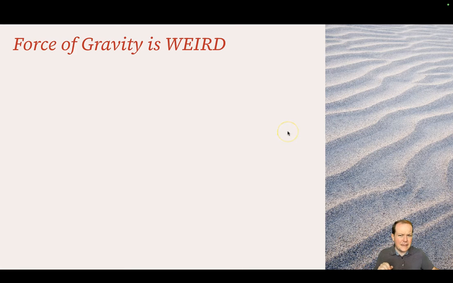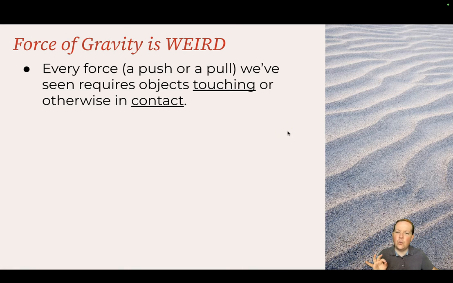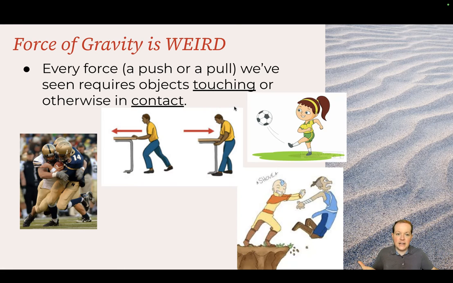Now, the thing about the force of gravity is it's weird. Every force that we've gone over officially in notes, or probably any force that we've talked about if you're in my own class, requires objects touching one another. It's been requiring contact. I took these images from some of my older videos. It also is true for things like pulling things with a string or a rope, okay, supporting objects.